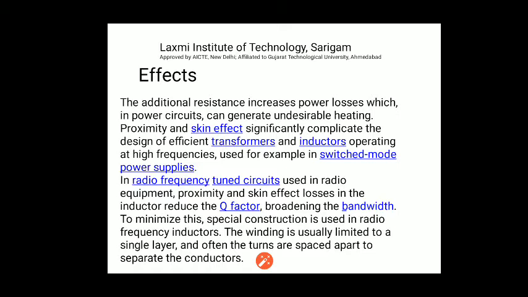Proximity and skin effect significantly complicate the design of efficient transformers and inductors operating at high frequencies, used for example in switch mode power supplies. In radio frequency tuned circuits used in radio equipment, proximity and skin effect are losses in the inductor. They reduce the Q factor, broadening the bandwidth.